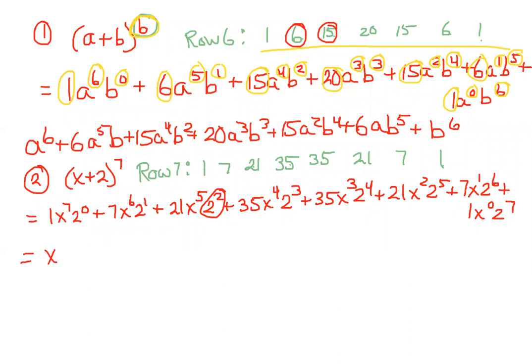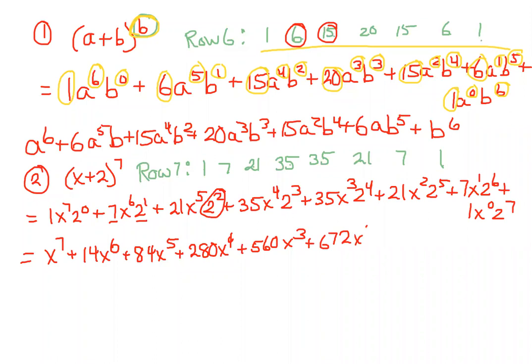This becomes x to the 7th plus, then we have to do 7 times 2, so it'd be 14 x to the 6th plus 84x to the 5th plus 280x to the 4th plus 560x cubed plus 672x squared plus 448x plus 128. And that would be our answer.